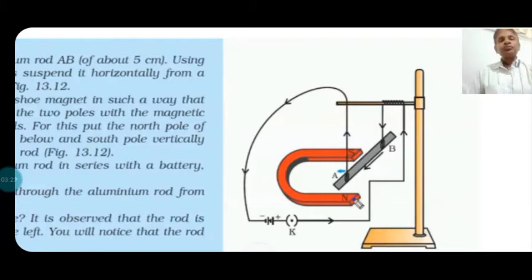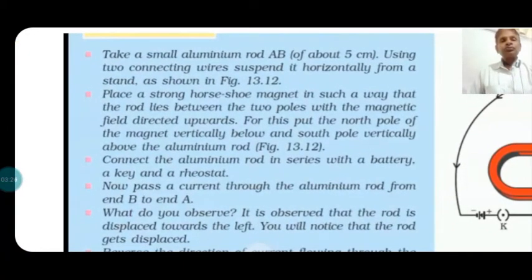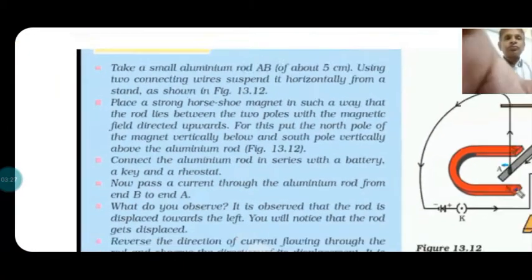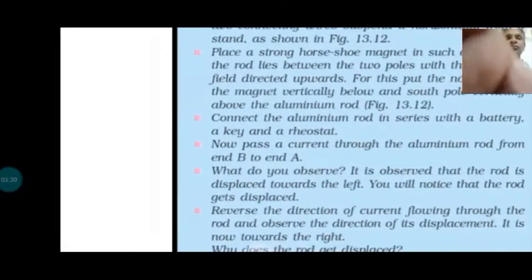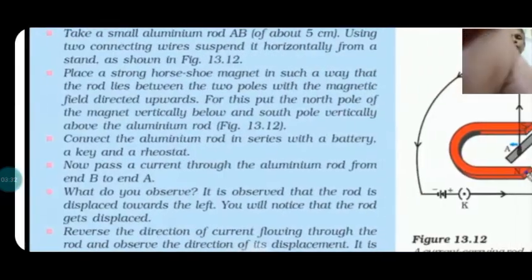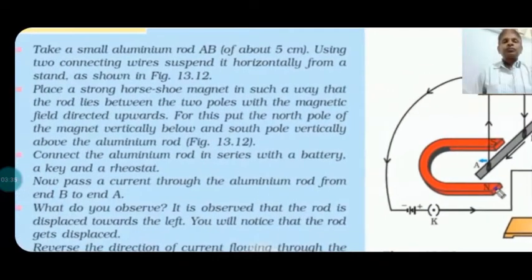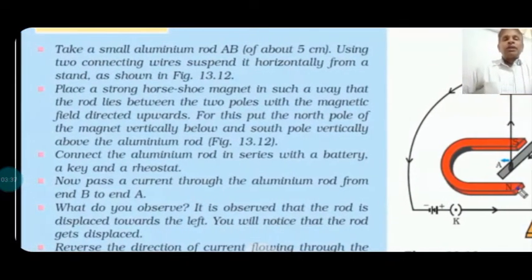Now place a strong horseshoe magnet such that the rod lies between the two poles of the magnet, so that the aluminum rod is placed perpendicular to the magnetic field produced by the horseshoe magnet.